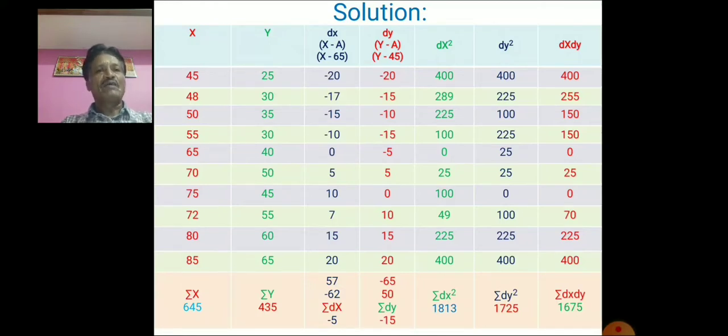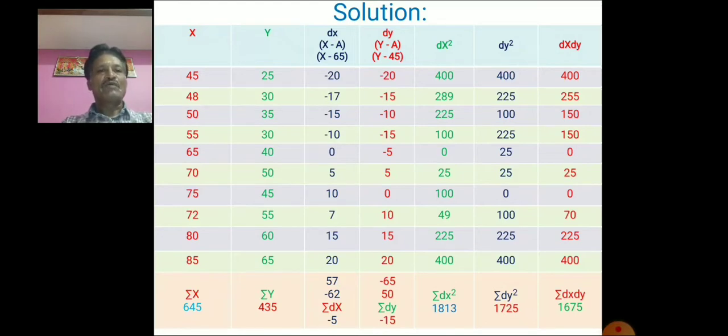In the same way we have to calculate sigma dy. dy is nothing but y minus a. Here a equal to 45, so y minus 45. For all the y values we have to take deviations from the assumed mean 45. So the dy values are minus 20, minus 15, minus 10, minus 15, minus 5, 5, 0, 10, 15, 20.